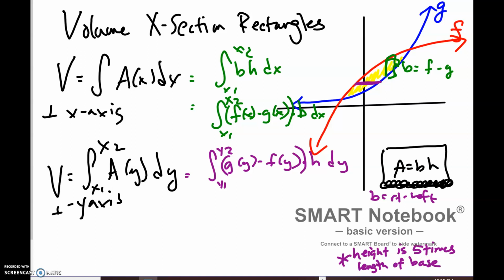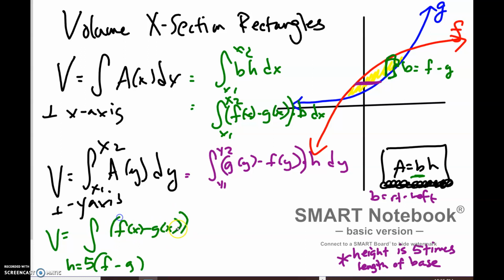Then for my green integral, the volume would be, well, that would mean my height is equal to F minus G times 5. Now, if my area is base times height, then the base is going to be F of x minus G of x, and I'm going to multiply that times 5 times another F of x minus G of x dx from x sub 1 to x sub 2.